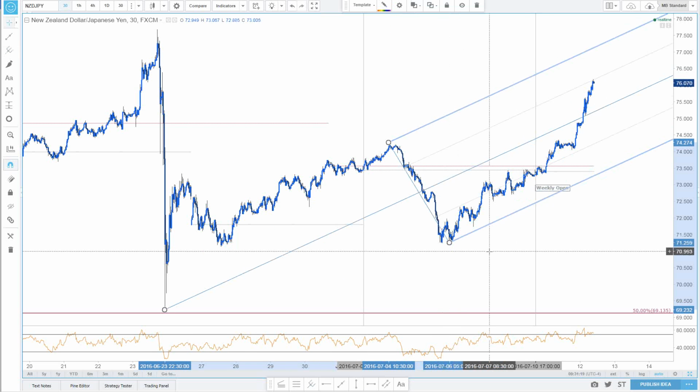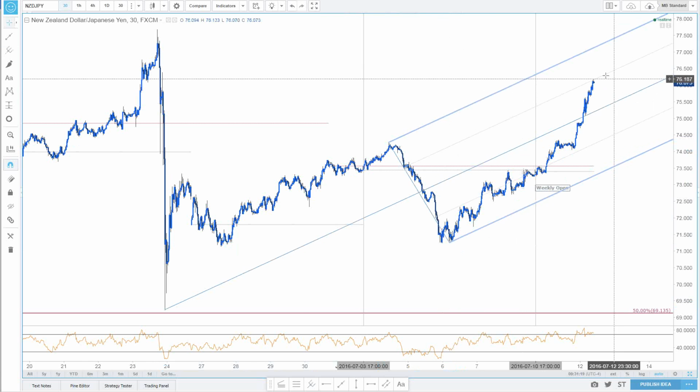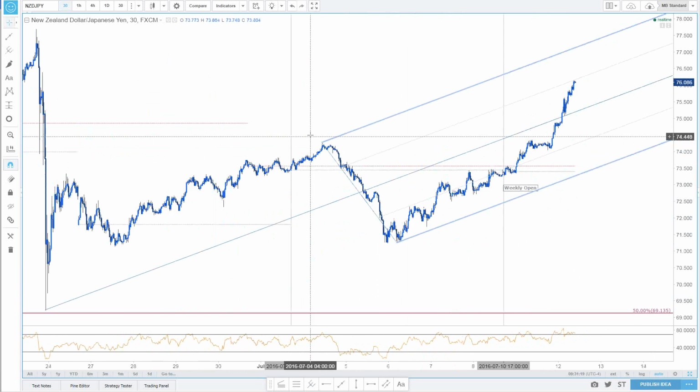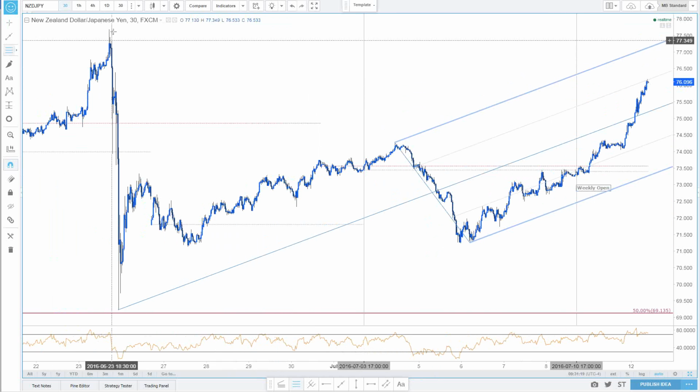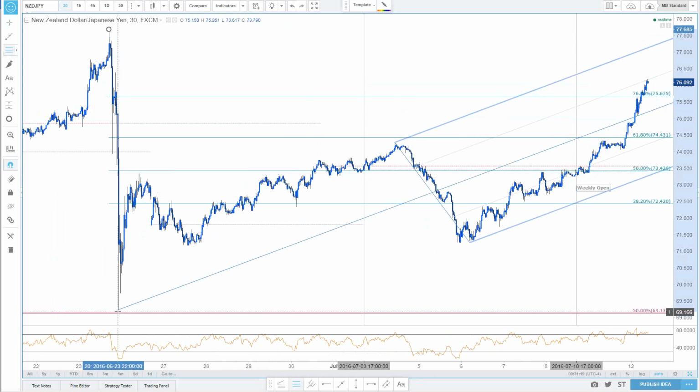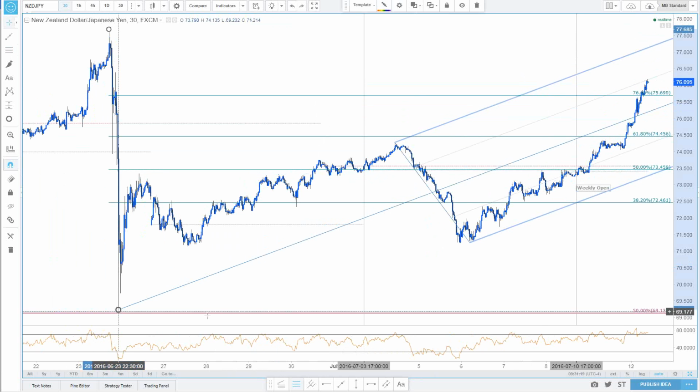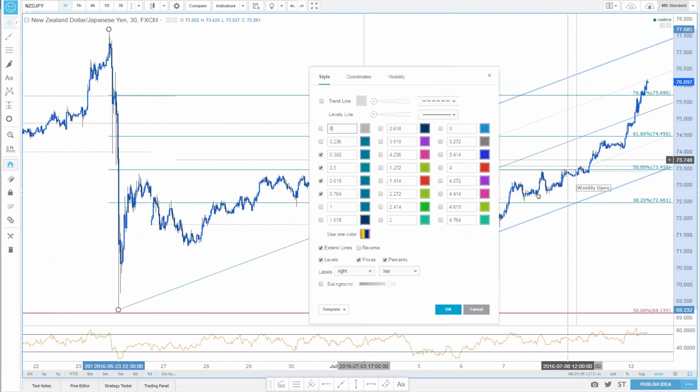Okay, and it's actually pretty darn clean. There's the 50 line right there, catching the highs. And if we take just one more, bear with me one more sec, a basic retracement of the Brexit move in and of itself, just want to see if that 88.6 catches the highs. Nah, I don't think it will.